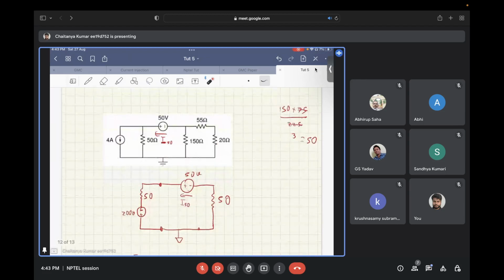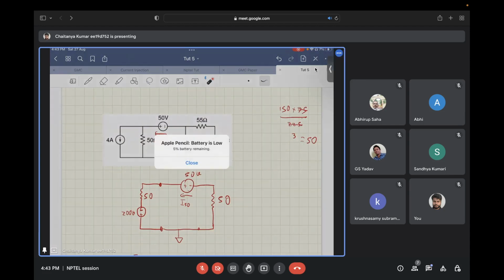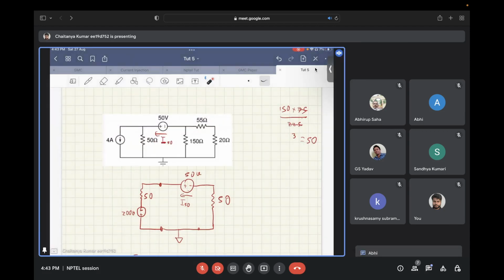If you do that, across these two terminals you get a voltage source of 200 volts. How you need to check the polarity is, let's say you detach it over here. What you have is a 4 ampere current flowing in this direction, and a 50 ohm resistor.